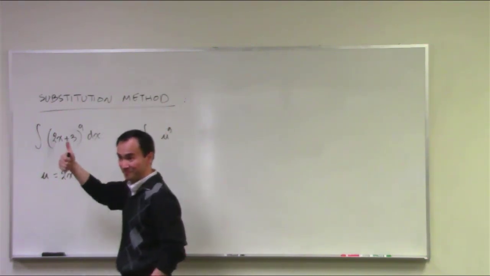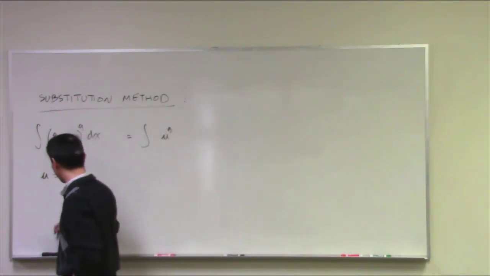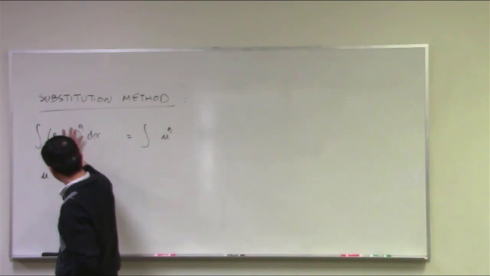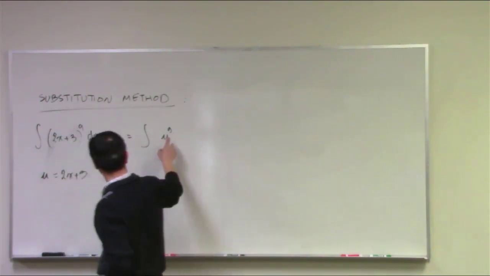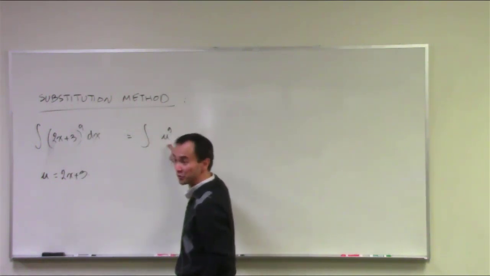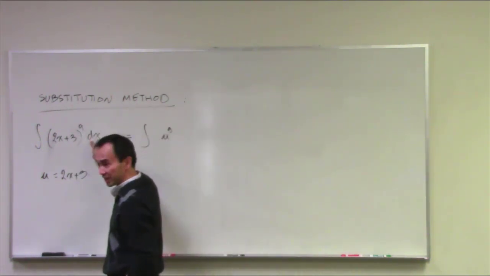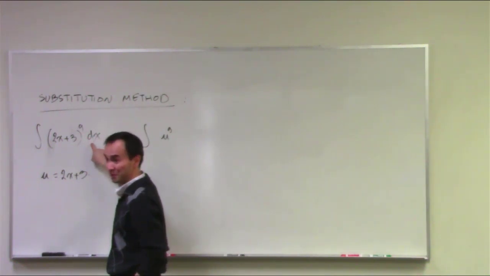All good, right? But now, remember, as I said earlier, if you change your antiderivative to the new u, it's now going to be all in terms of u. Then this d thing right here has to be also in terms of u. See what I'm saying?